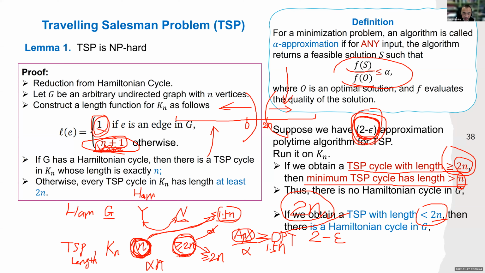Up to now, I would like to ask again, does this make sense to you about how we use the approximation algorithm to differentiate two cases? One case is the good case, the other one is the bad case.